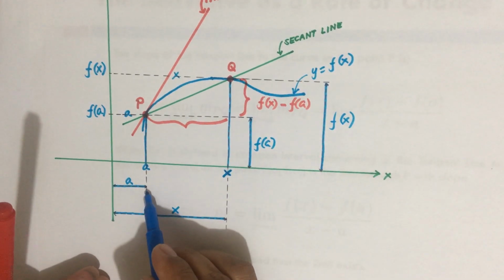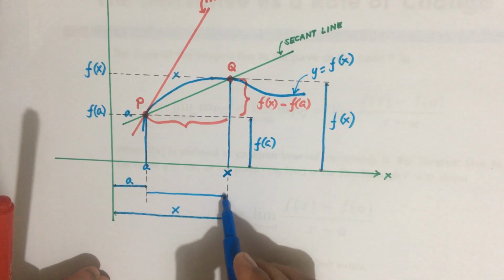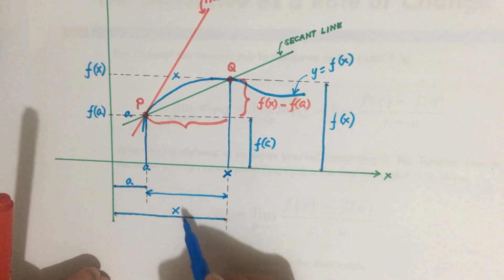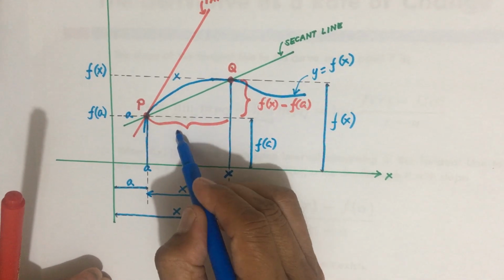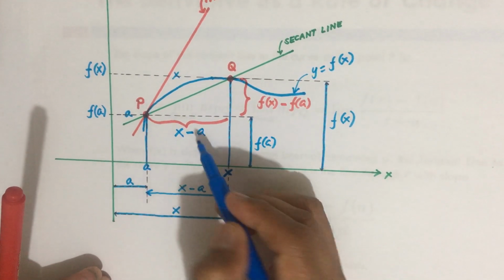So this one here is just x minus a, and similar to this one, this is also our x minus a.